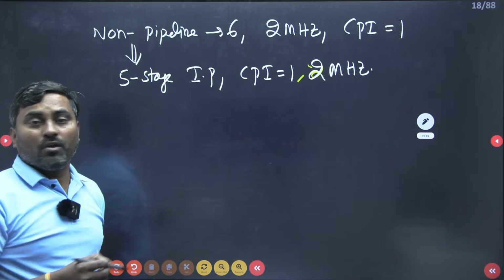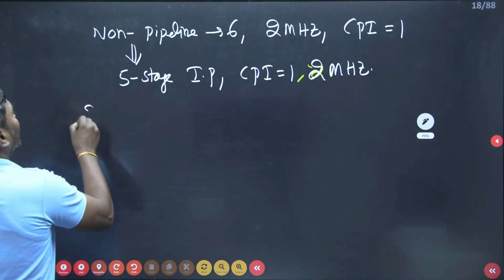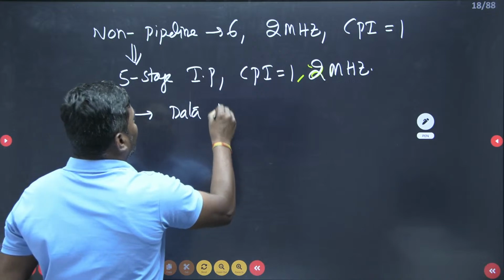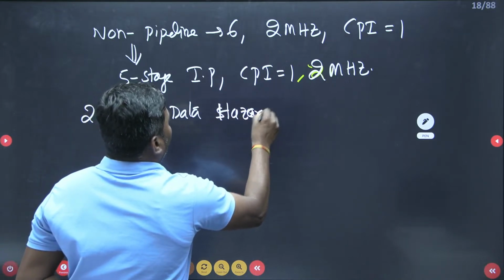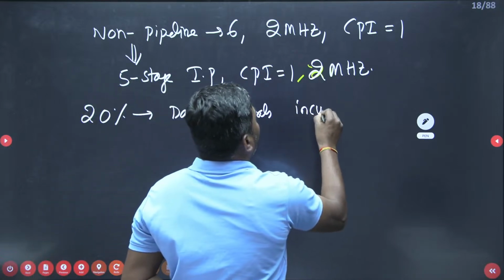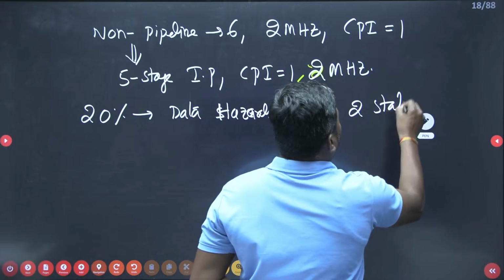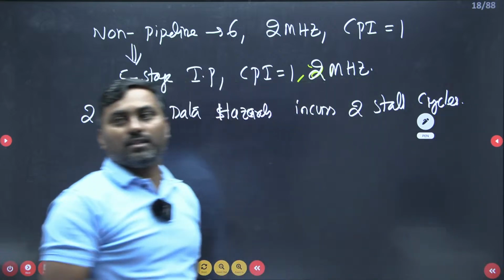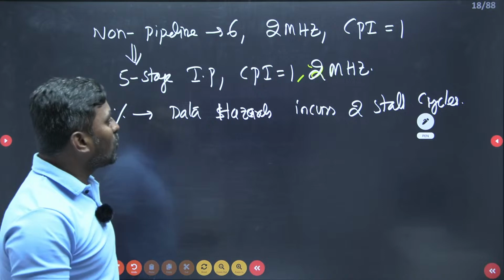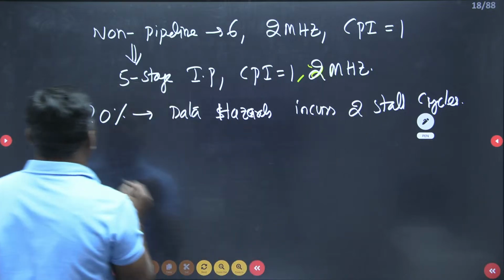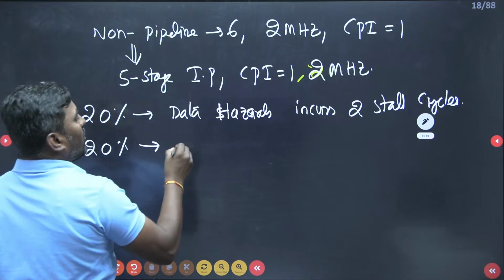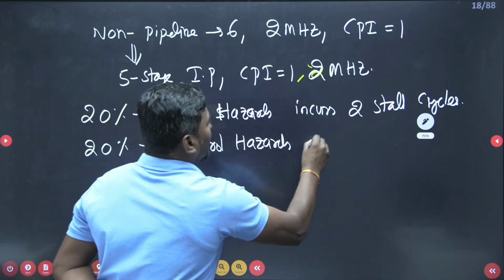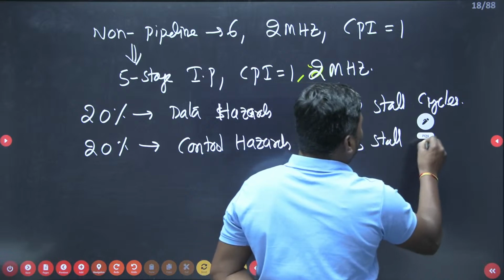Now they said clearly that 20% of data hazards incur 2 stall cycles, and again 20% of control hazards incur 3 stall cycles.